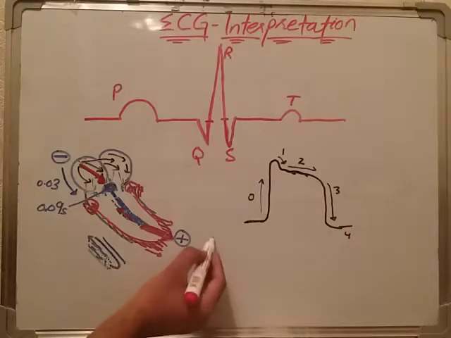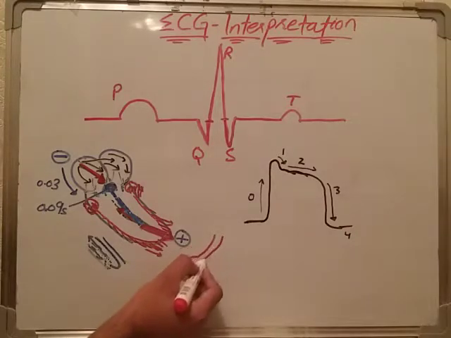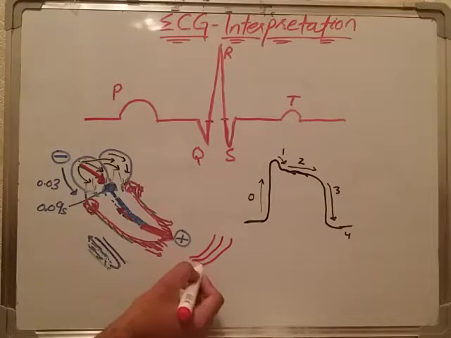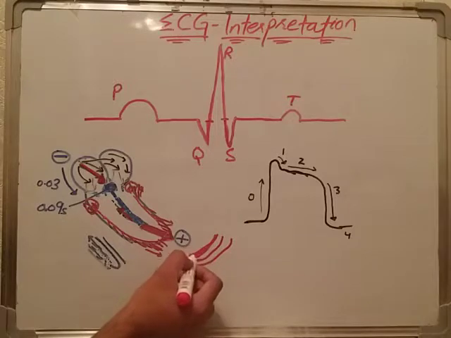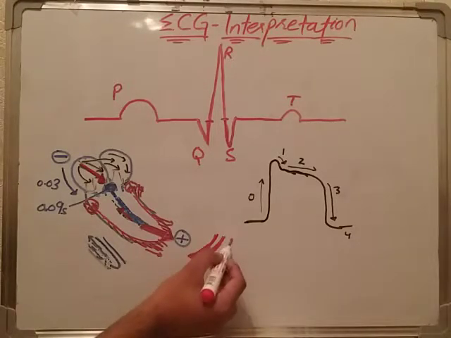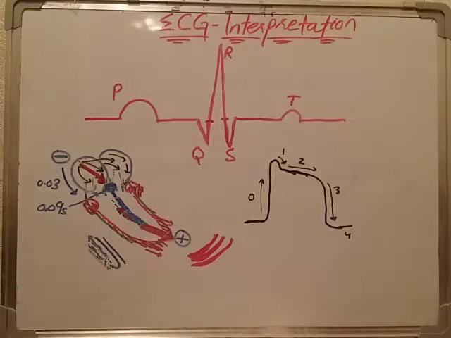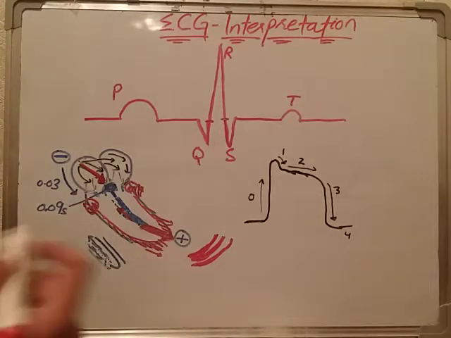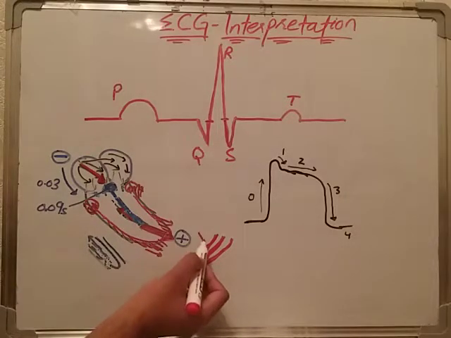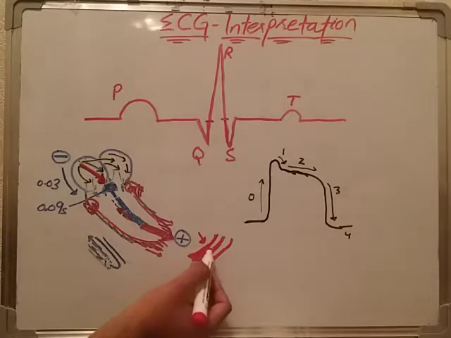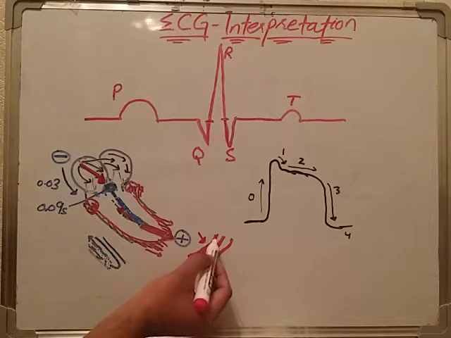Because we know that there are different layers of muscles: the innermost layer of the myocardium, the intermediate layer, and the outer layer. Whenever the depolarization occurs, we know that the ventricles are not empty, they have blood. So the blood exerts pressure on these layers, and it suppresses the circulation in this area.